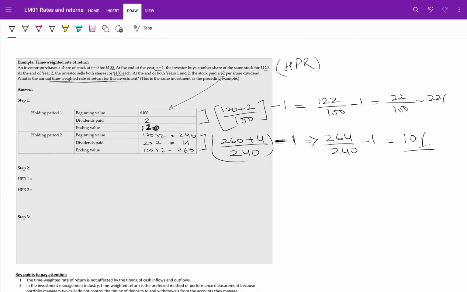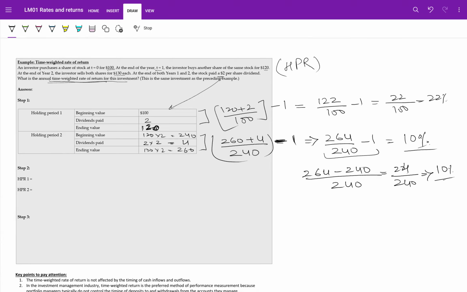Here the holding period return is 10% and here the holding period return is 22%. I hope you understood how I calculate this thing. 264 minus 240 divided by 240. This is going to be 24 divided by 240 and this is 10%.